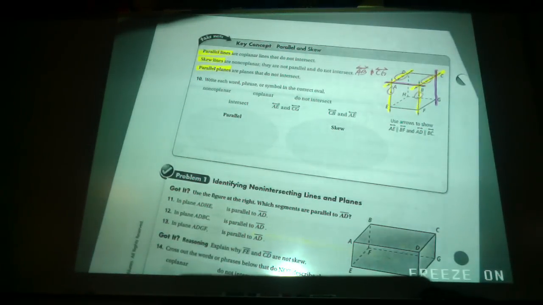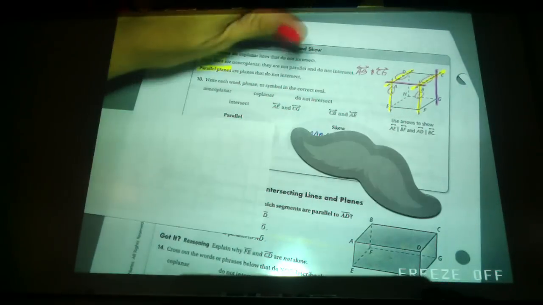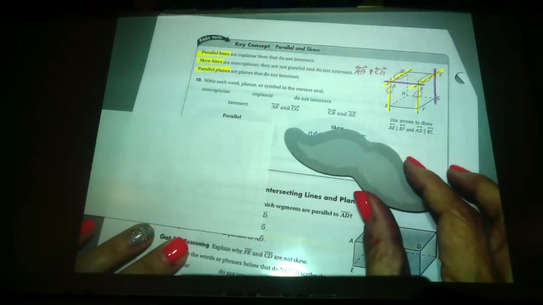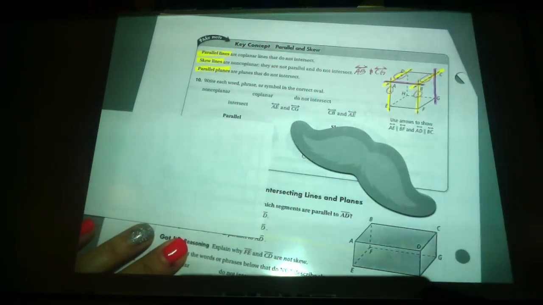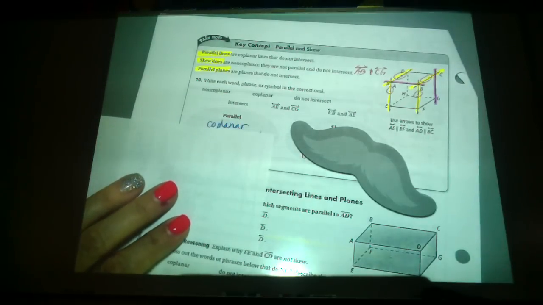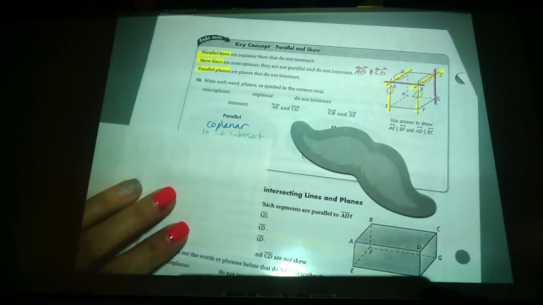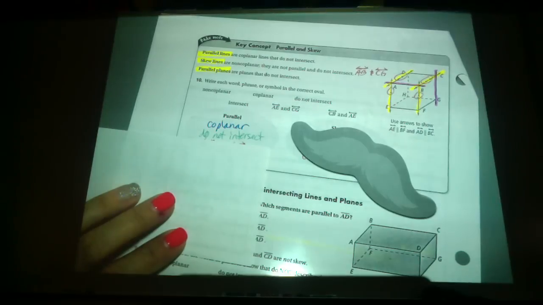All right, you ready? So with parallel lines, they are coplanar, right? They do not intersect. And then which set of these lines were parallel?